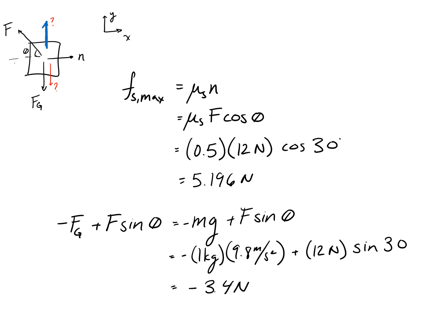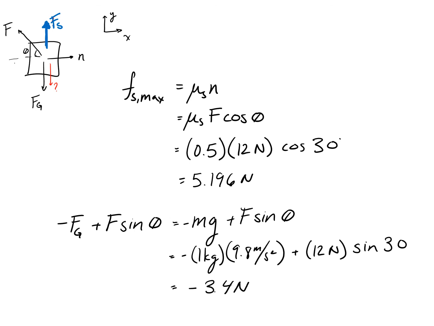So if we wanted to, we could go back into our free body diagram and say that, hey, we have static friction pointing upwards. We now know that we have static friction as our friction.